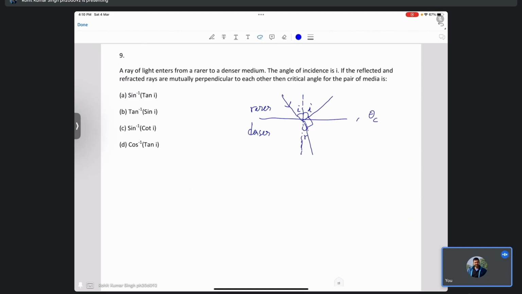So theta c is given by sine inverse of 1 by mu, right? This formula we know, okay?